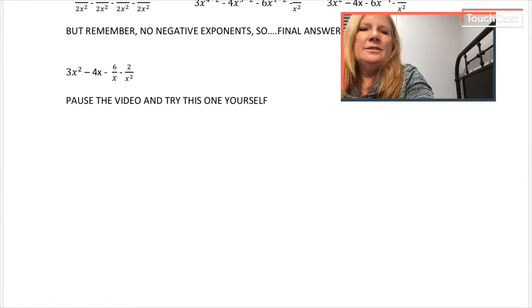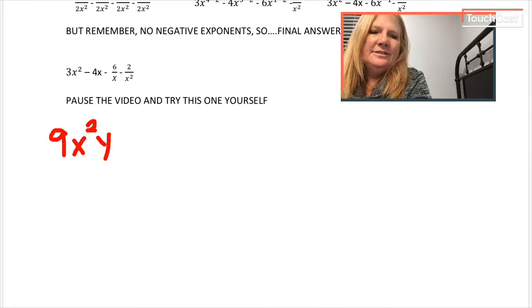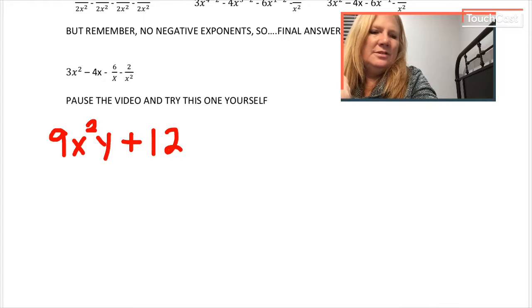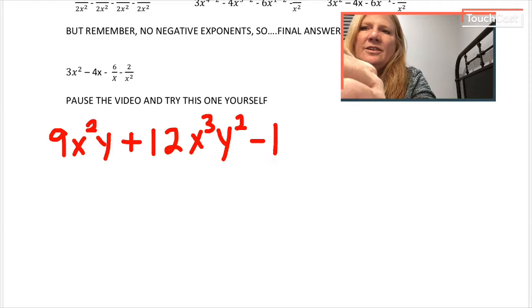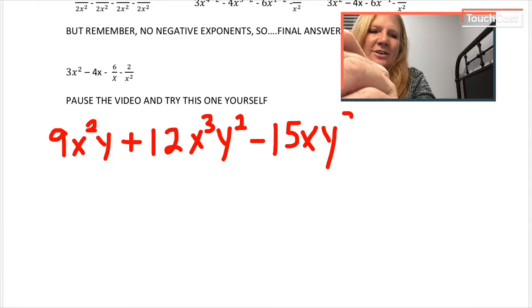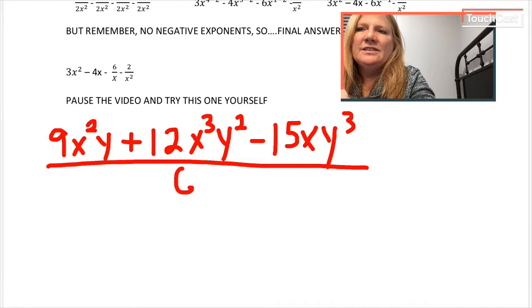Okay, 9x squared y plus 12x cubed y squared, and then minus 15x y cubed, all over 6x y.